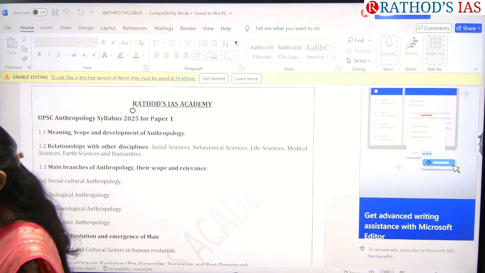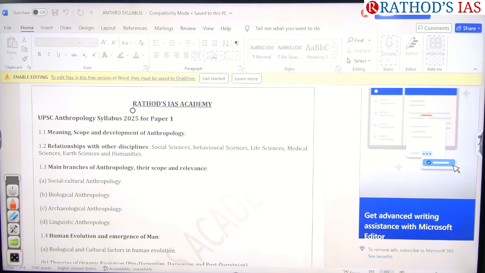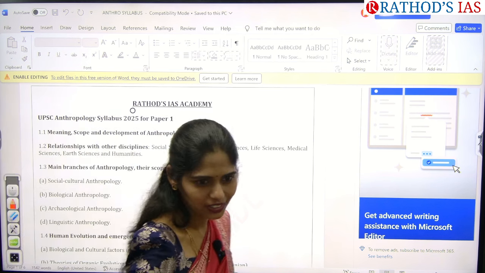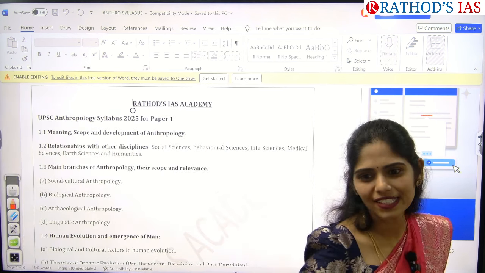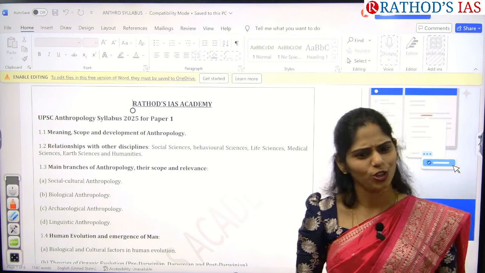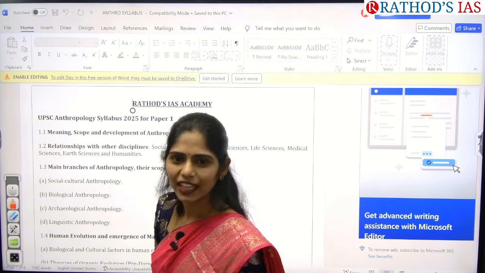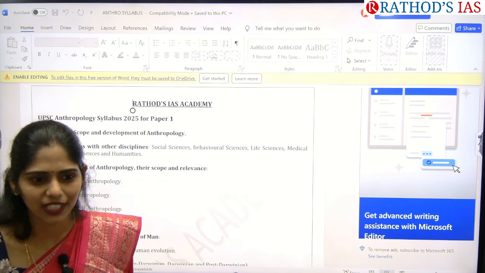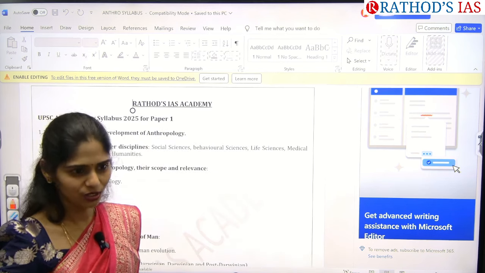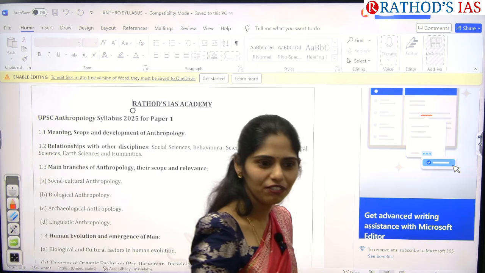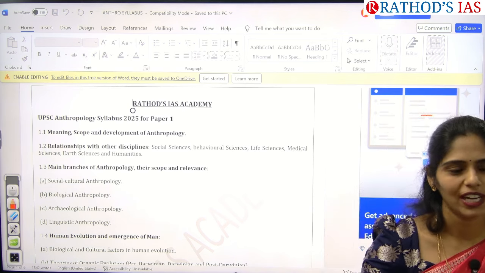As you all know that you have a third stage in your examination, that is the interview or personality test. There you have to talk. That means if you are a person who is having stage fear, can you talk there? No, right? Can you express your views clearly to the examiner or interviewer? No. That means if you have any fear, this is the right time to come out of that fear.